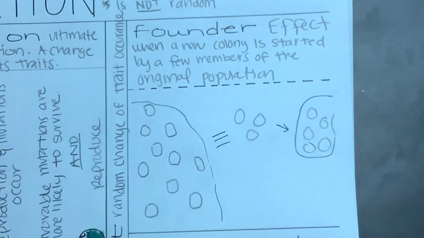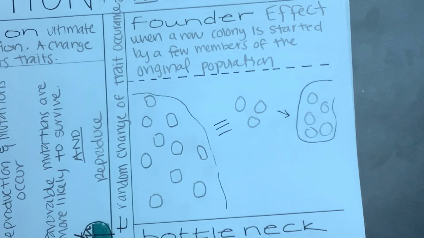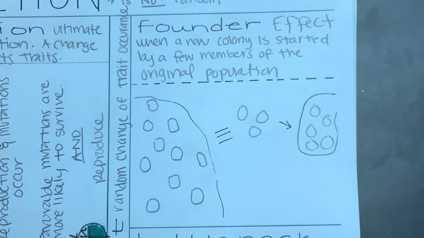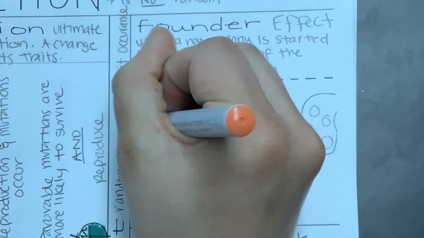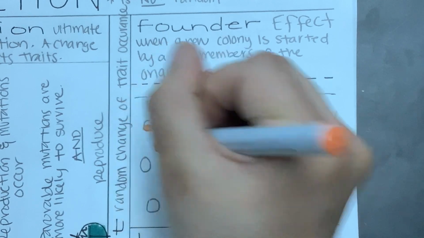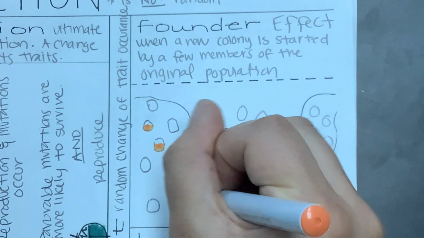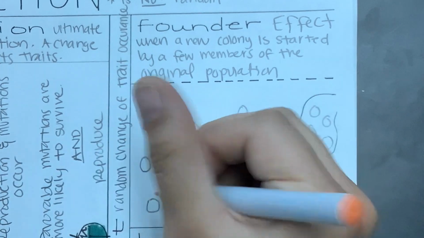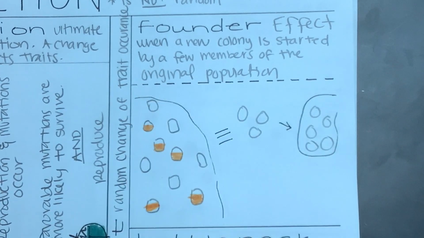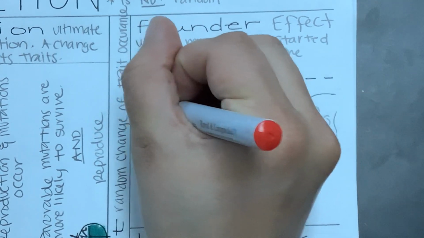Or 5. Okay, so again, let's just say in this population, we have a bunch of orange ladybugs. And maybe we have, I don't know, 4 of them. Or 5. Why not? Let's just do half and half. And then the others are red.